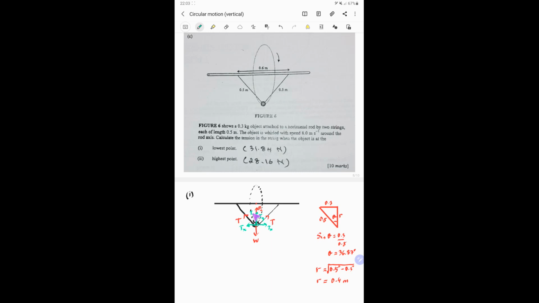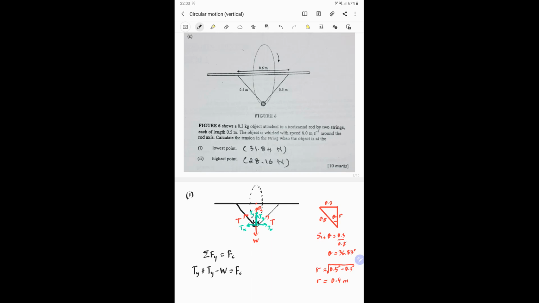TY and TY are still directed upwards, so positive. W is against FC, so W is negative. So what is the equation now? Sum of Fy equals FC. How many forces do we have on Y? TY and W. So TY plus TY minus W equals FC. Alright, so this is the equation at the lowest point, or at the bottom.